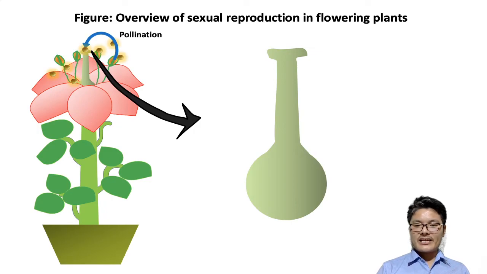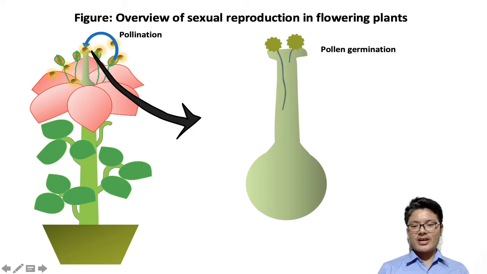After pollination there is landing of pollen grains on the stigma, or receiving of pollen grains by the stigma of the carpel or pistil. Now what happens? The most compatible, most suitable, most fertile pollen grain will germinate and form a tube-like structure, which is called the pollen tube.